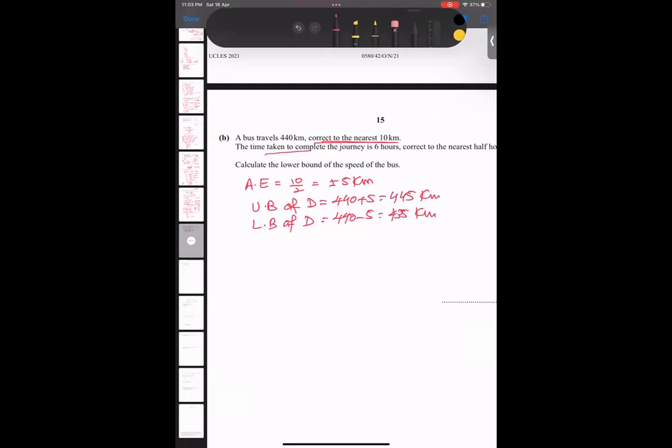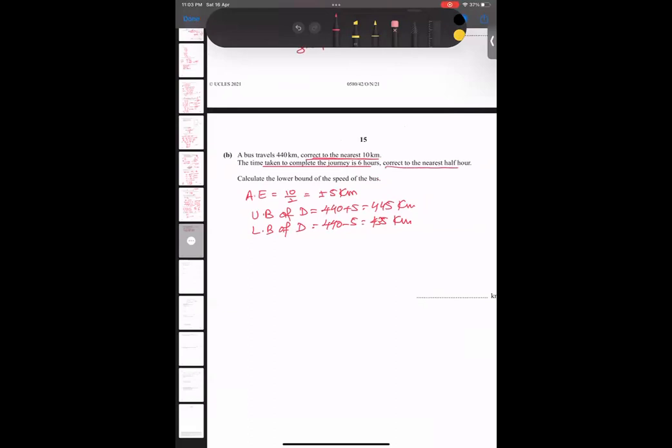Now take the time taken for the complete journey, 6 hours, and correct to the half hour. Half means 0.5 hours. So the absolute error for the time: half hour divided by 2, I'm getting plus and minus 0.25 hours.